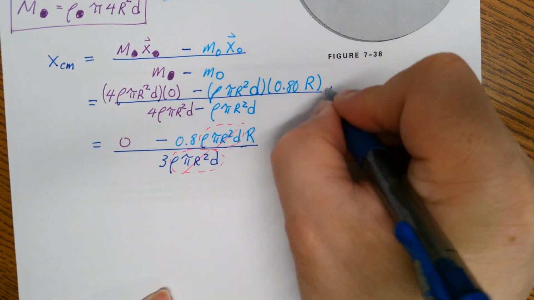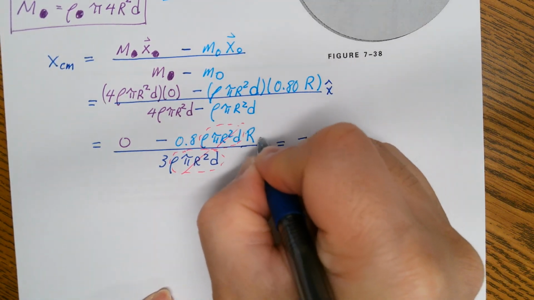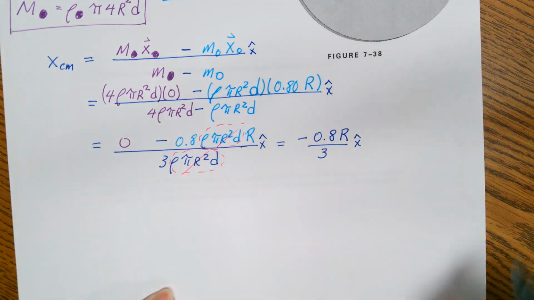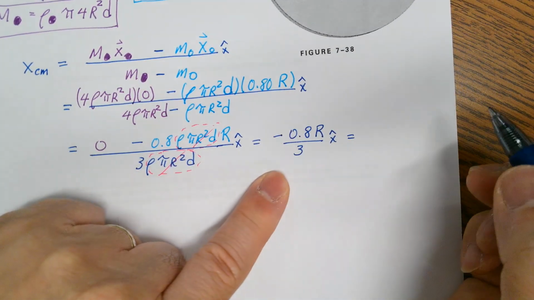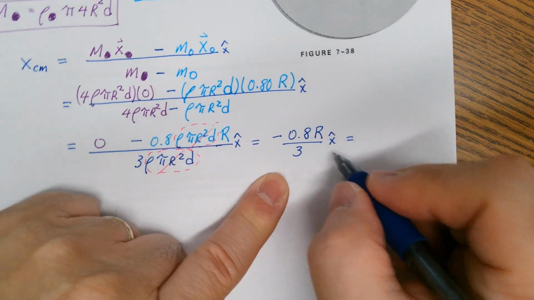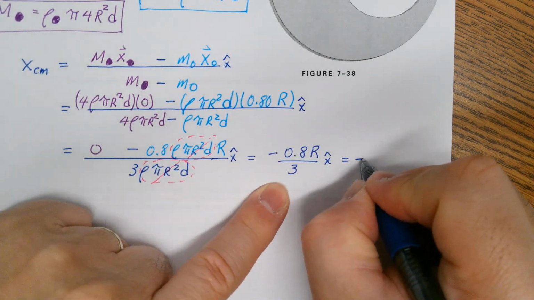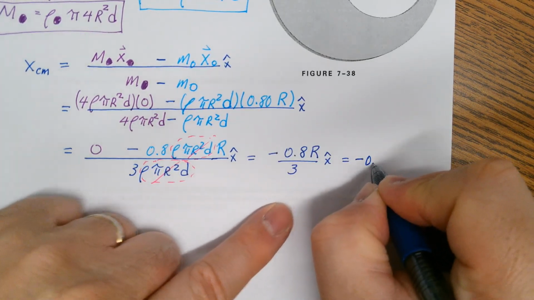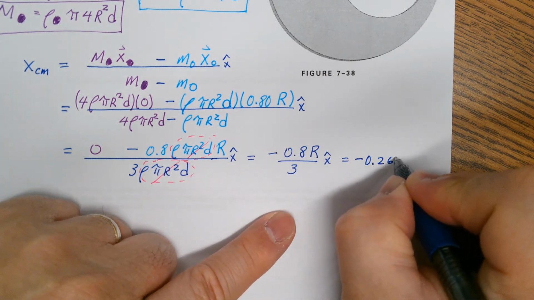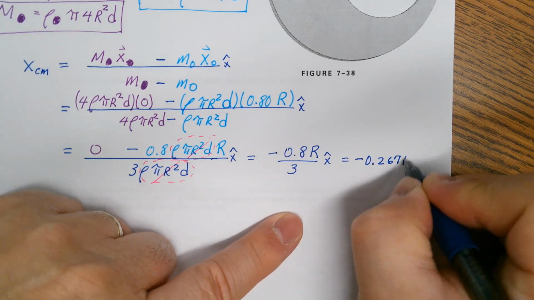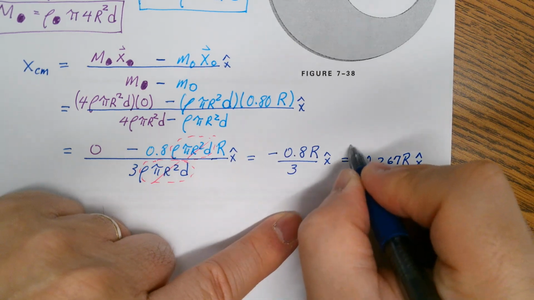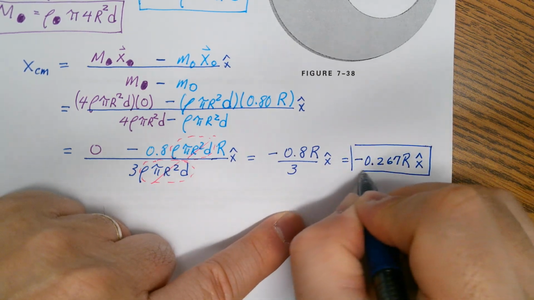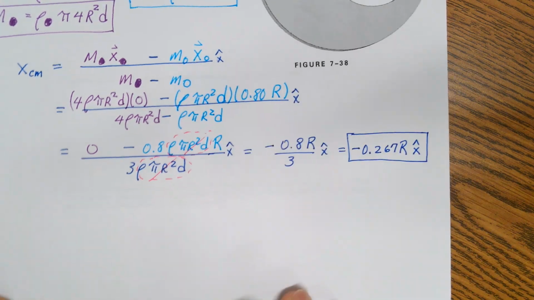I forgot to put the x hat in, because we're looking at only the x direction. So if I divide this out with our calculator, I should get negative 0.267 r x hat.